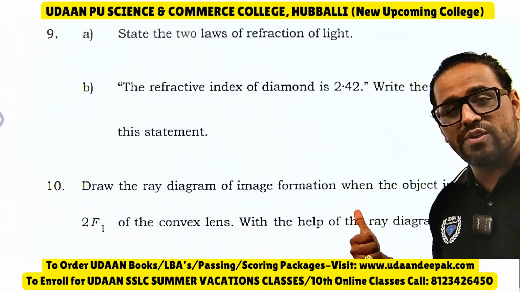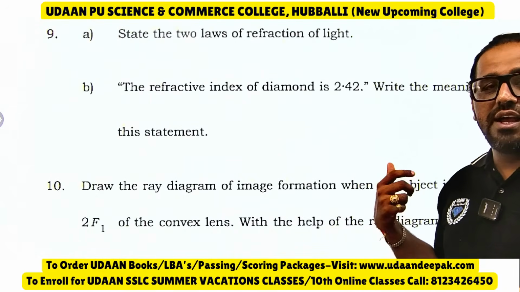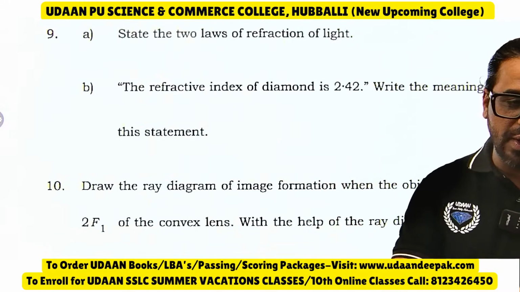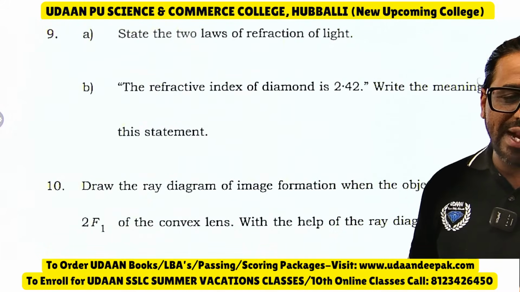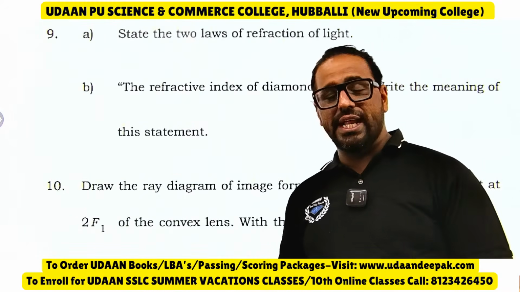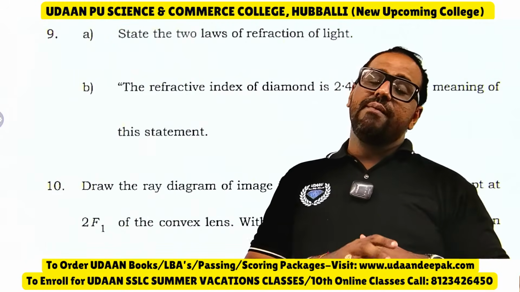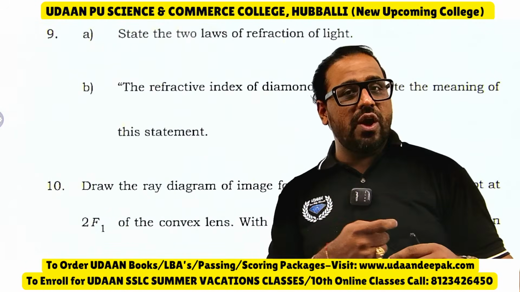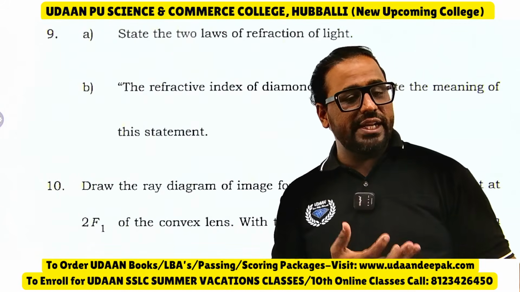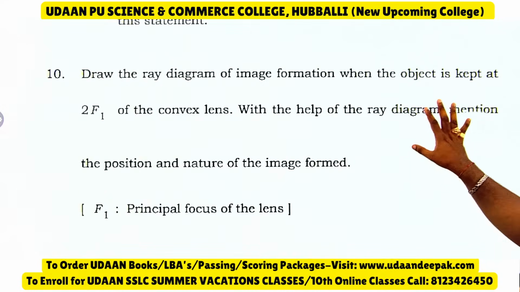That means the ratio of speed of light in air to the speed of light in diamond is 2.42, you should write. Or you can write that the speed of light in air is 2.42 times the speed of light in diamond. Manoj gave the right answer. You can write it that way. Okay, look at the ray diagram in the exam.